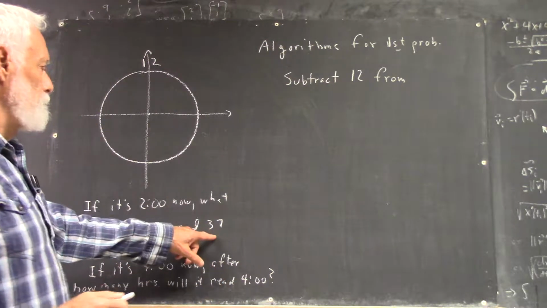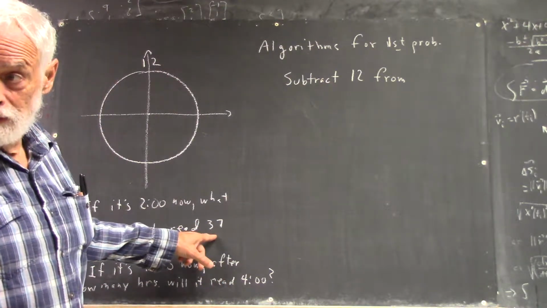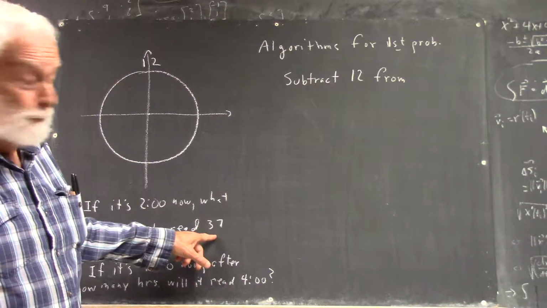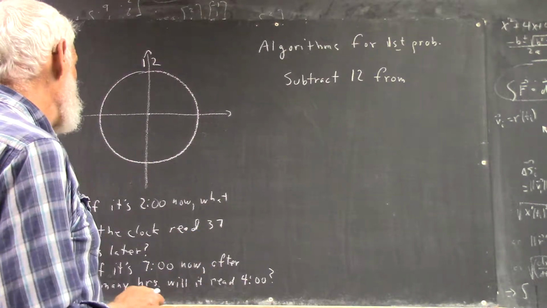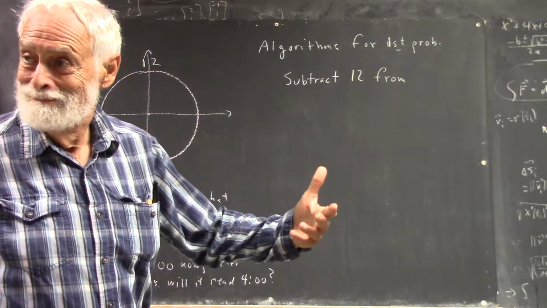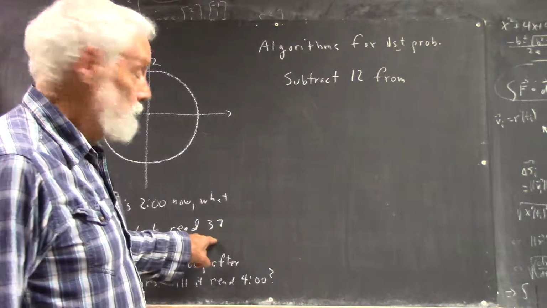I want to use a symbol, though, instead of 37, okay? So we subtract 12 from x, because x is going to be this number.